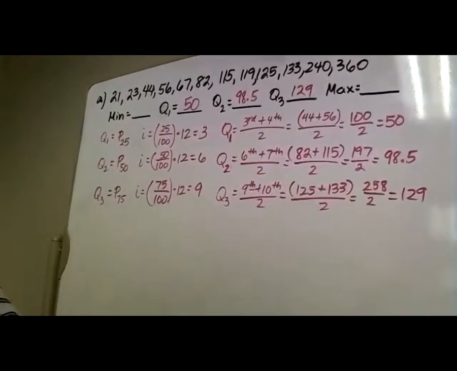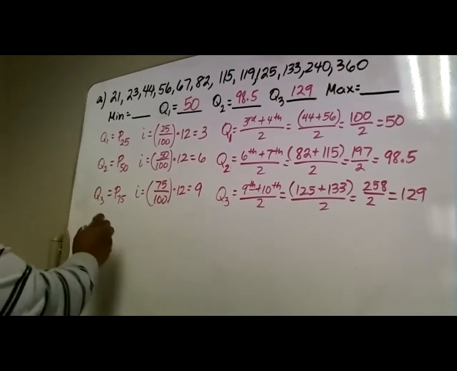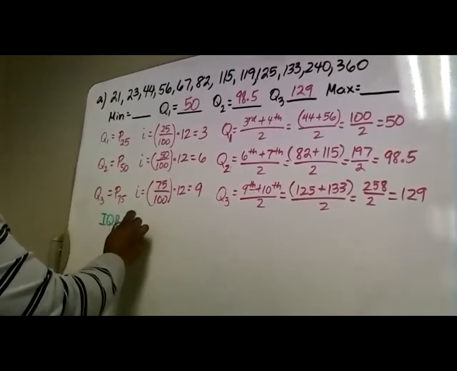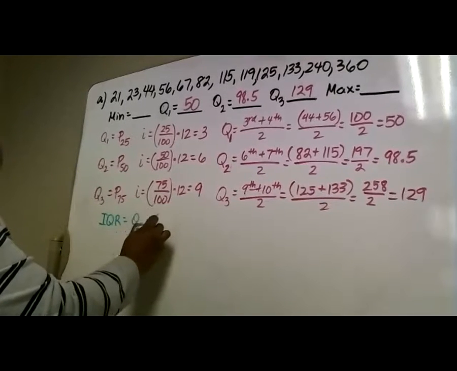Now, I need to find out if I have any outliers in this data set. I need to find out if I have any extremely low values or extremely high values. So here, IQR, let's find that out first.